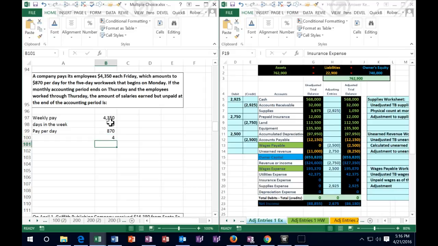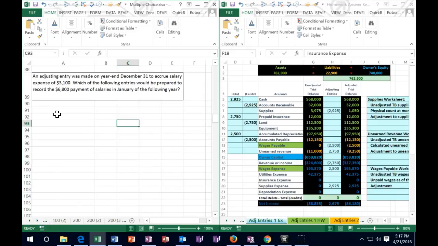So we're going to include those 4 days, and we're going to say there's the 870 times those 4 days. There should be a liability here, and an expense that needs to be recorded. Debit the expense, credit the liability for $3,480, the amount that has been earned and not yet paid as of the cutoff date for payroll.